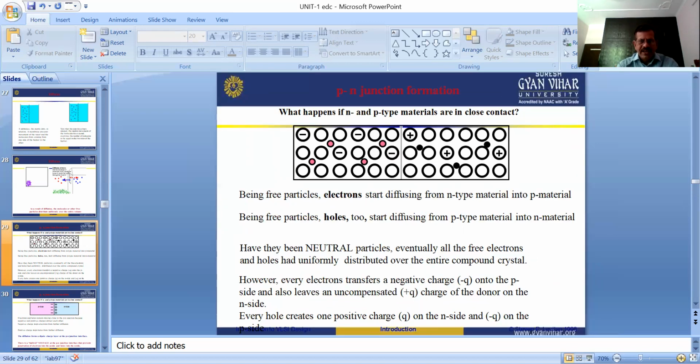Every hole creates one positive charge q on the n side and minus q on the p side. This is the process of generation of charge carriers.